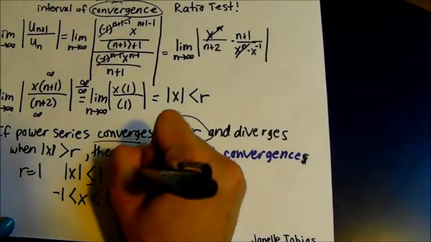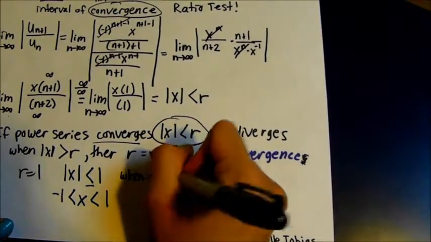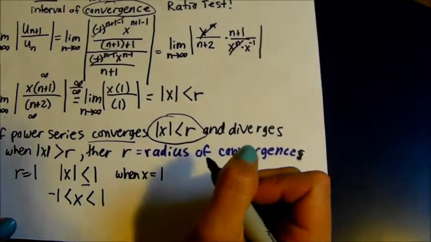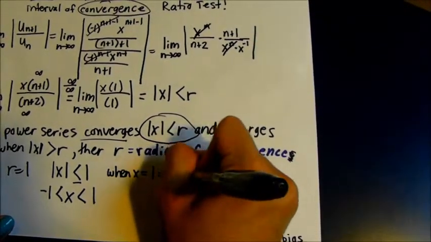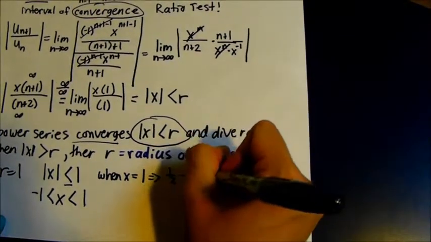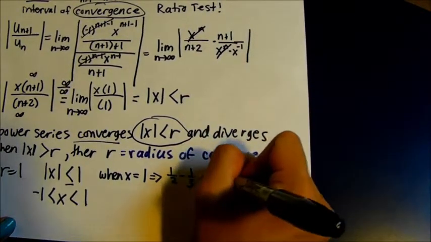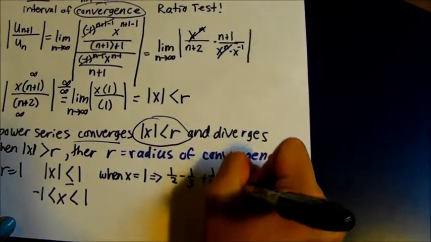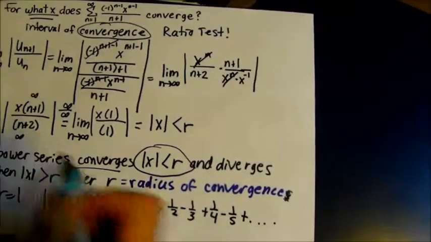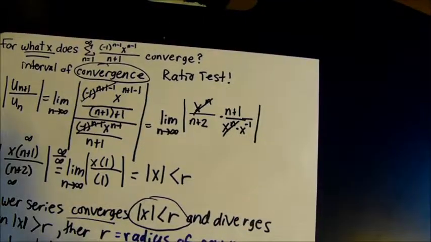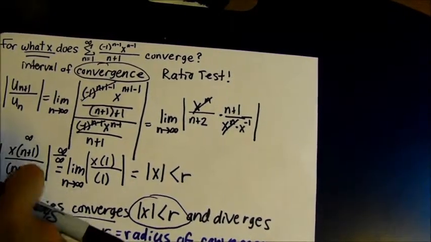So when x is equal to 1, the series becomes 1/2 minus 1/3 plus 1/4 minus 1/5 plus ... and I'm getting these numbers just by plugging in these n values.